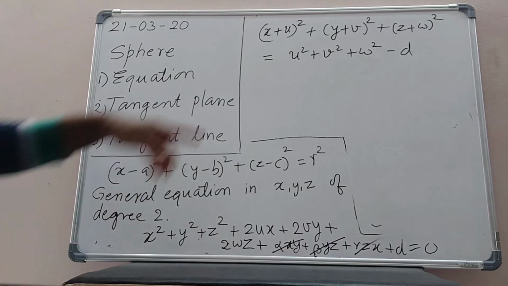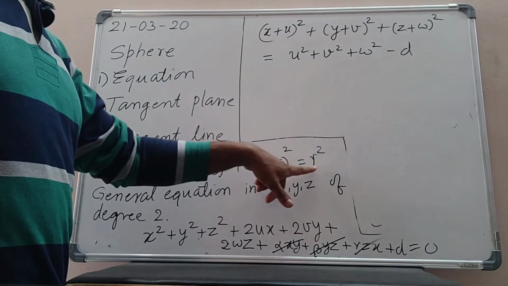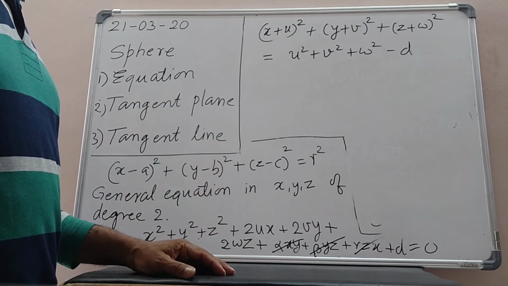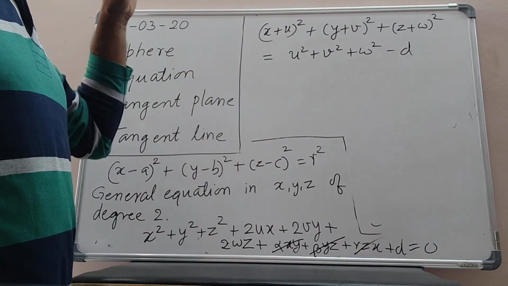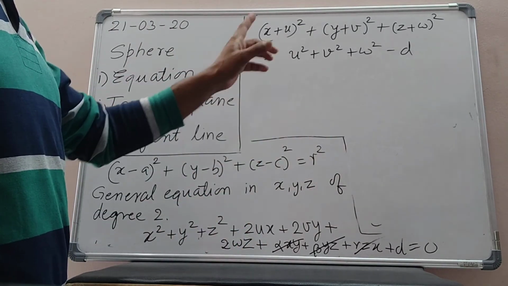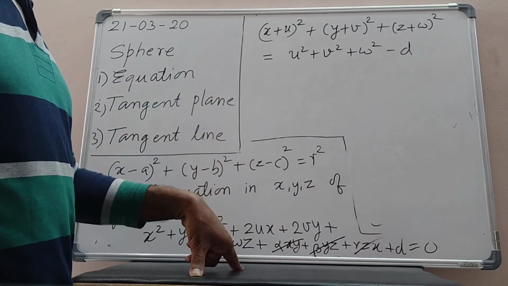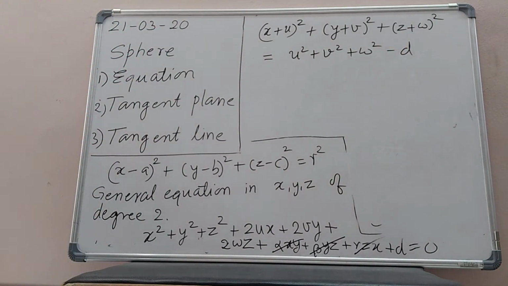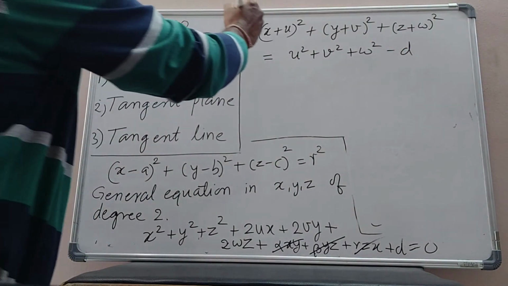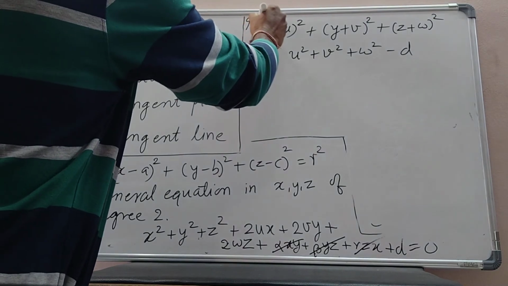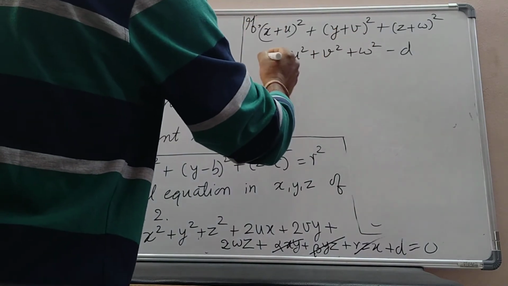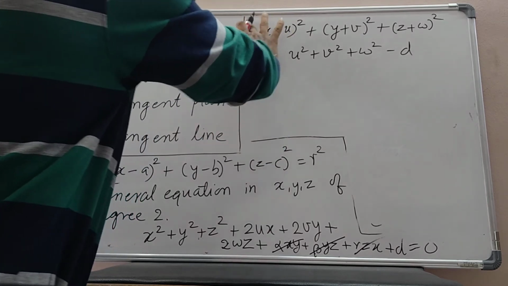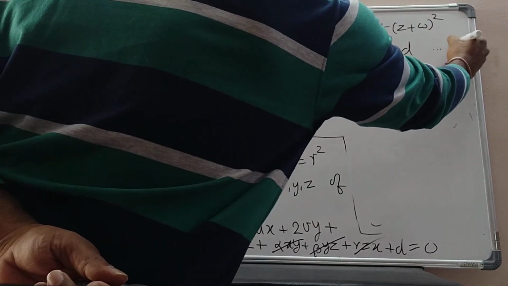Now if you compare it with this equation, this entity cannot be negative, and therefore one of the conditions to be imposed on u, v, w and d is that this expression should not be negative. Let me denote this equation by star.